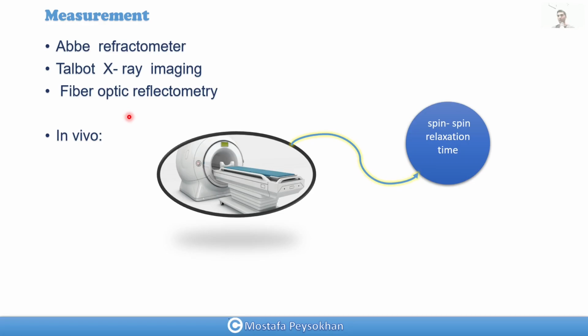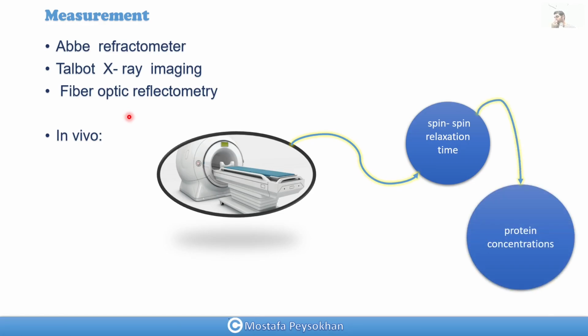Based on that map, we can get a map of protein concentration in our crystalline lens, and from that protein concentration we can find the refractive index distribution in our eye. So based on this method, we can measure the refractive index of the eye.